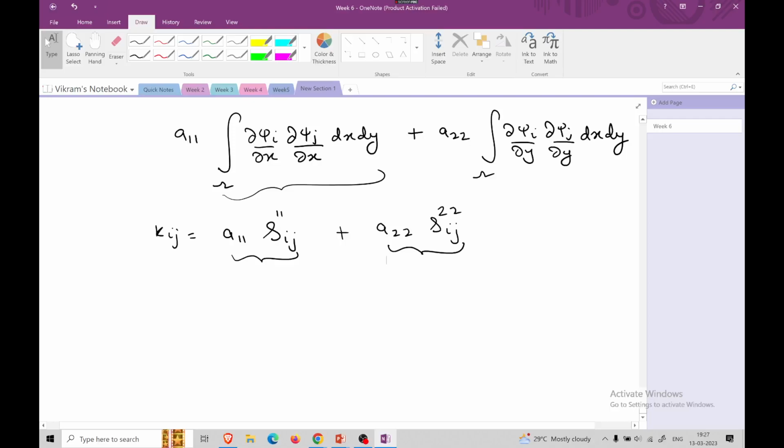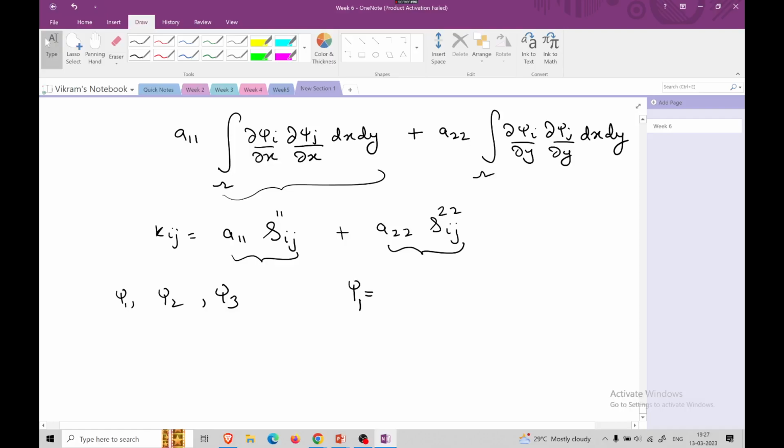Now we have ∂ψi, ∂ψj and all. So what we need to do is find out what ψ1, ψ2, ψ3 are, and then we can take the differentiation. So what is ψ1?